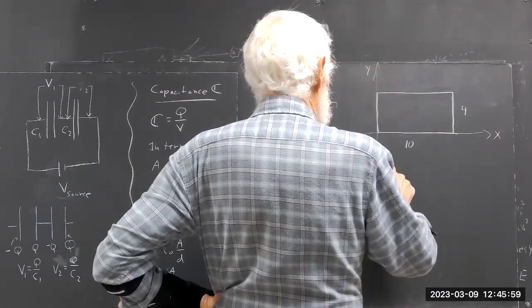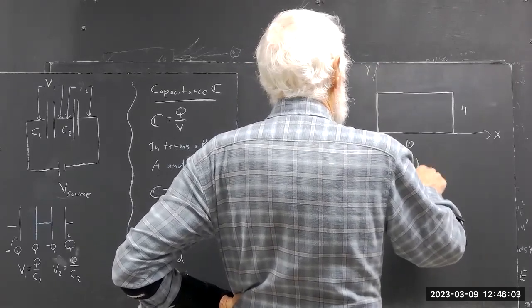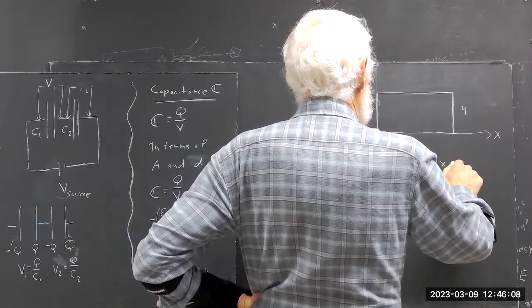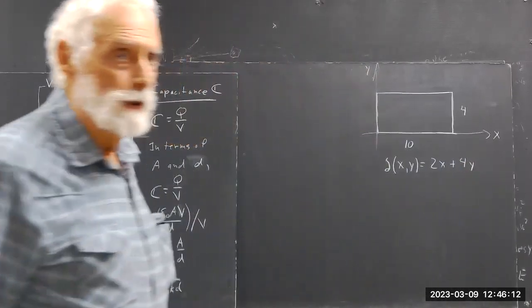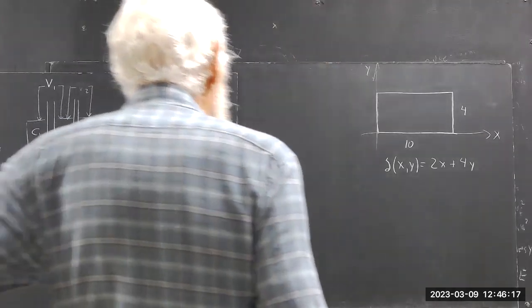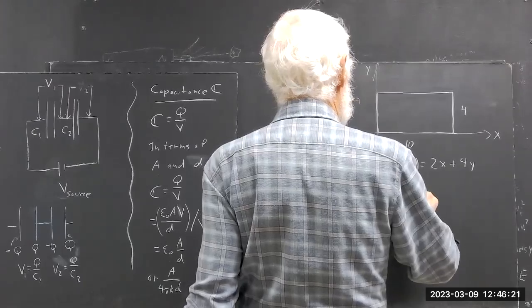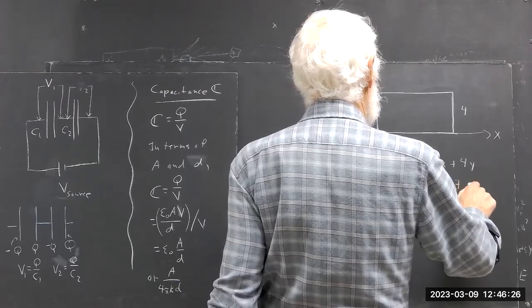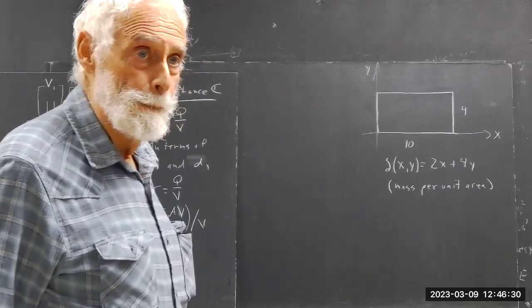We've got a density function: density 2x plus 4y. And this is mass per unit area.